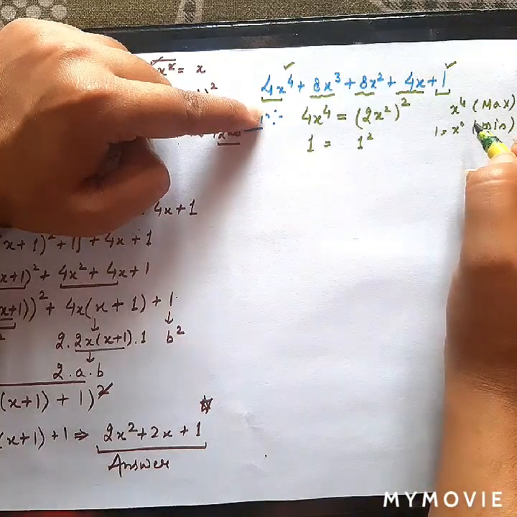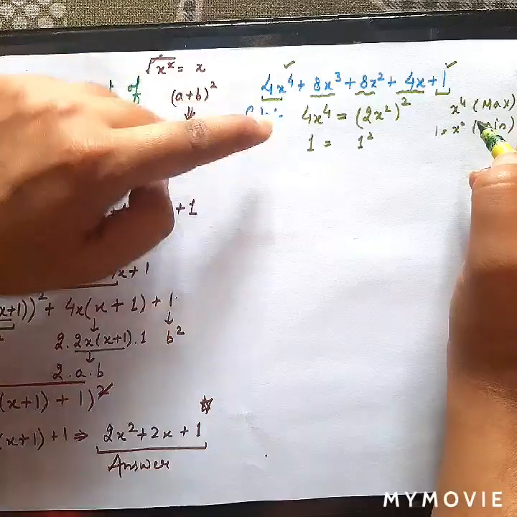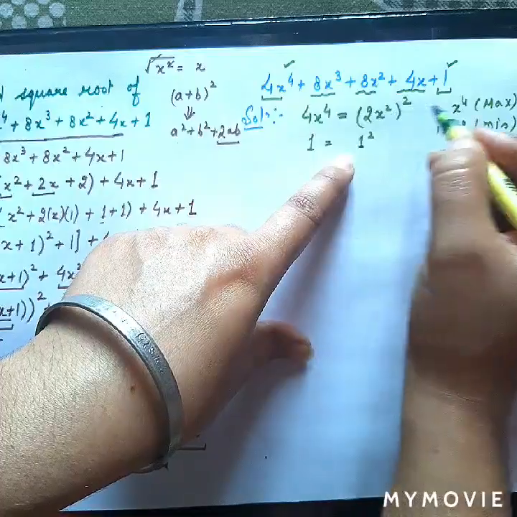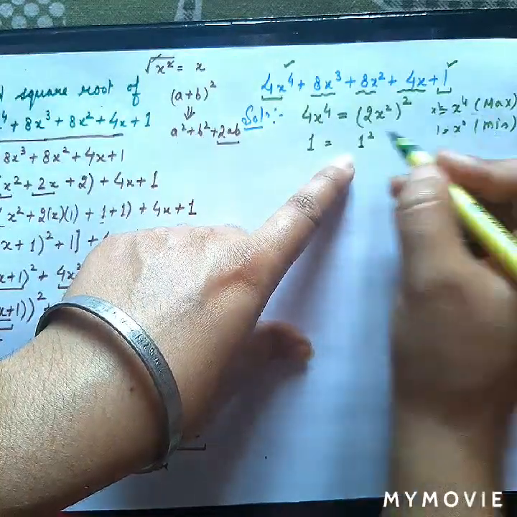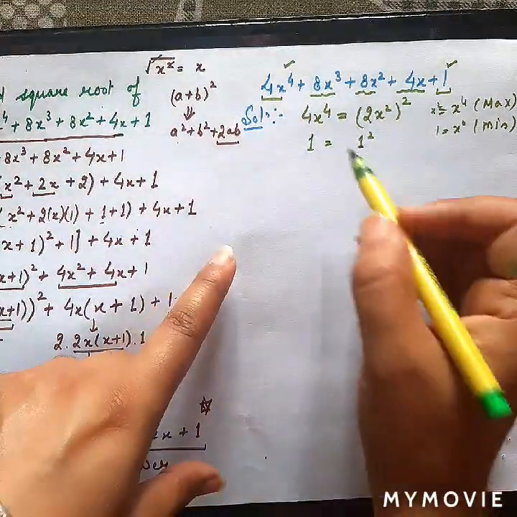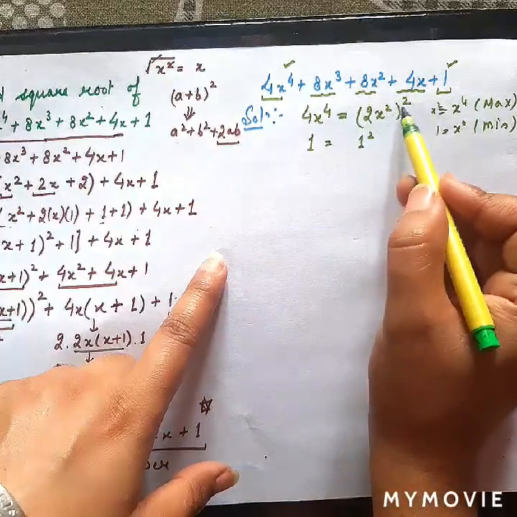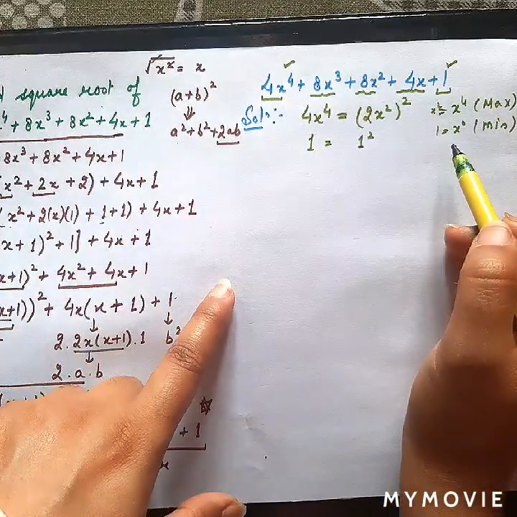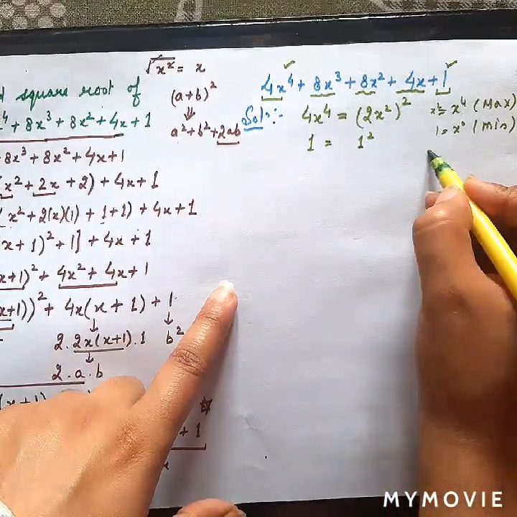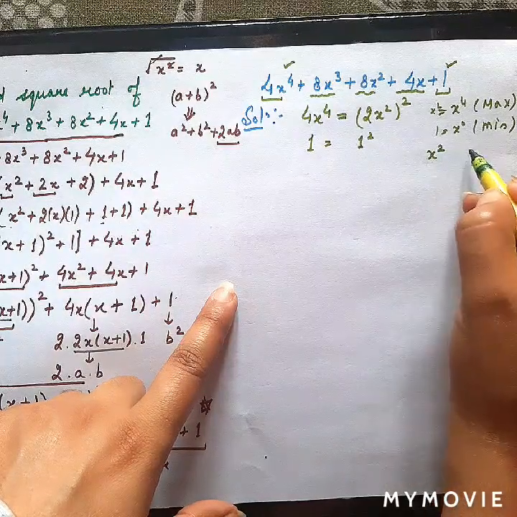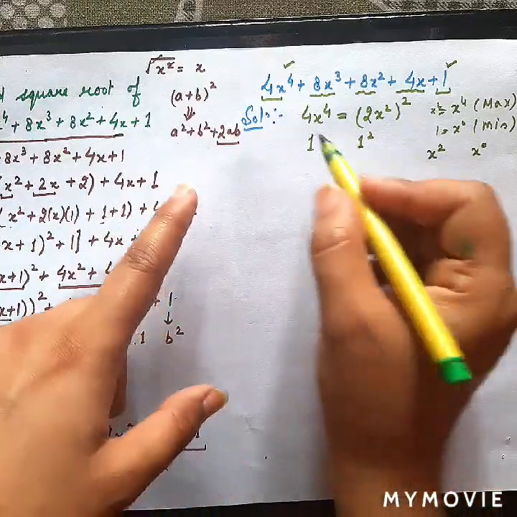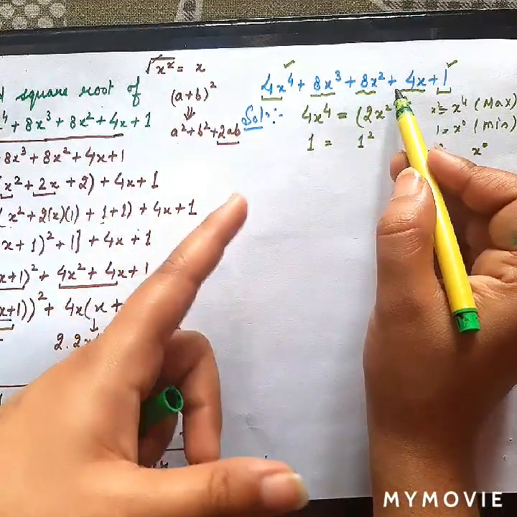Because we have written x raised to power 4 in terms of x square, what we actually need is another term or polynomial having power in between x raised to power 2 and x raised to power 0, because we want to find the square root of the polynomial.